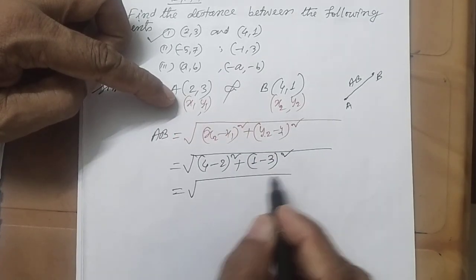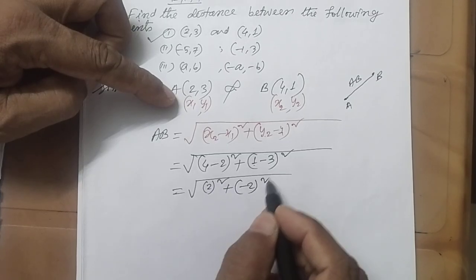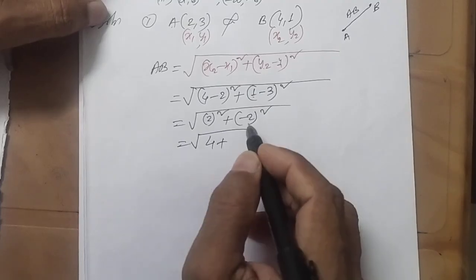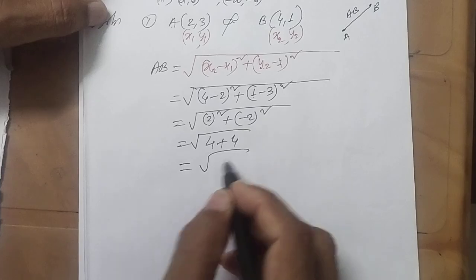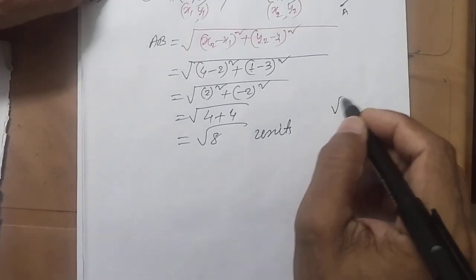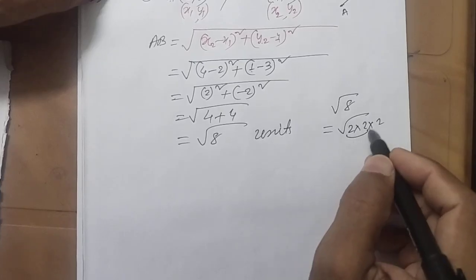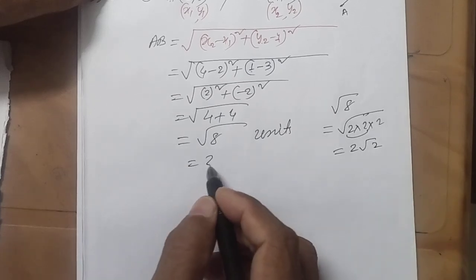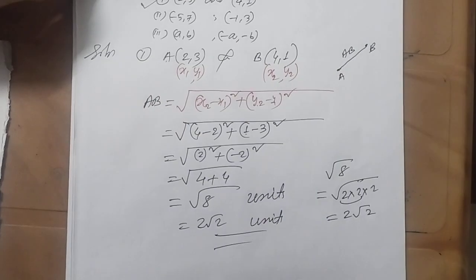We'll simplify. 4 minus 2 is 2 square, 1 minus 3 is minus 2 square, then 2 square is 4, and minus 2 square is also 4. Minus square is minus into minus, so plus. Root over 8 units. You can simplify also. Root over 8 you can make 2 into 2 into 2, and from one pair you can take out one number, so 2 root over 2. So this is 2 root over 2 units. So the first question we have done, how to find the distance.